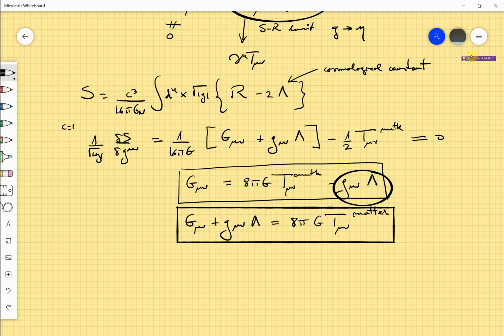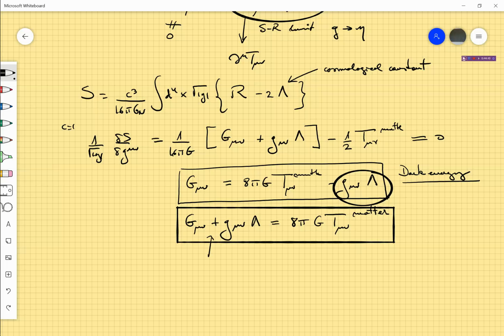This is the term that, from this point of view, is what is called dark energy. So dark energy manifests itself from this point of view as an additional term in the energy momentum tensor of matter.